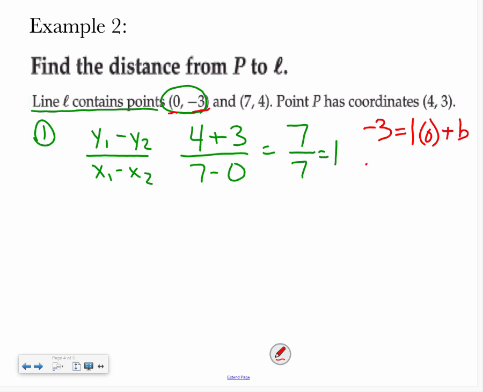So -3 equals 1 times 0, which is 0, plus b. So -3 equals b, and our equation for line L is y equals x minus 3.